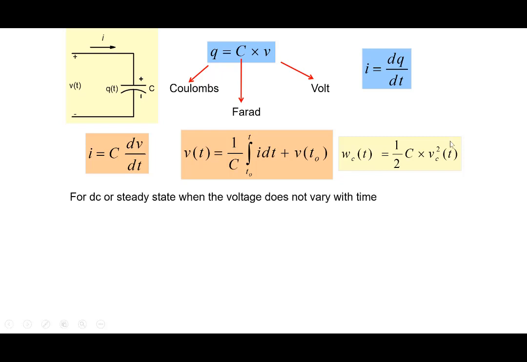The other thing that we note here is that for DC or steady state, which means voltages and currents are not changing with time, if you have a voltage across a capacitor which doesn't change with time, then dV by dt is 0, and then I equal to 0 here. Which means that the capacitor under steady state acts like an open circuit, right? Zero current is like an open circuit.